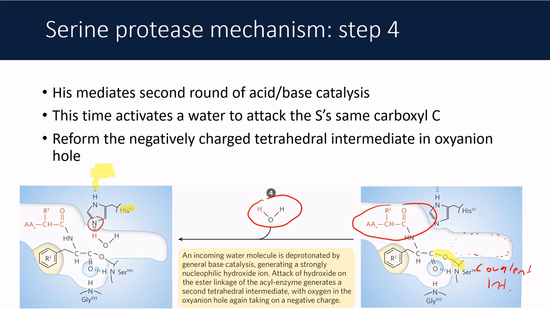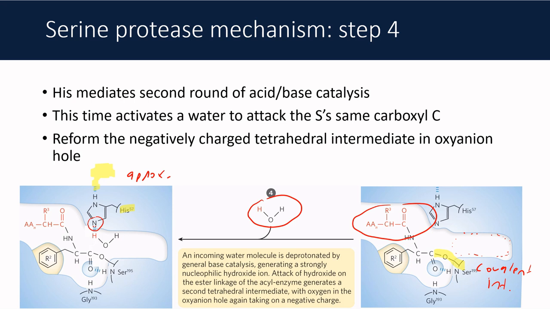And look at that. Water has a lot of similarities with the side chain of serine. There's an OH group that's normally not a terrific acid. However, thanks to catalysis by approximation, the basic part of histidine is going to be held close to the water pocket, and that's going to facilitate its acidification.